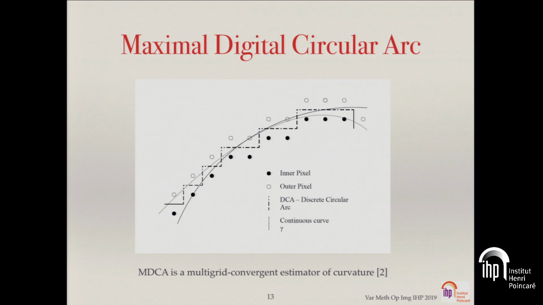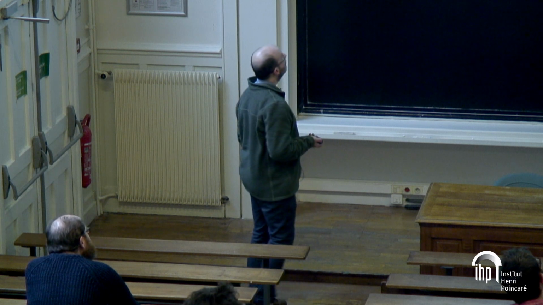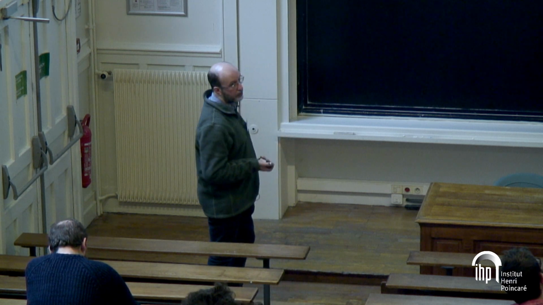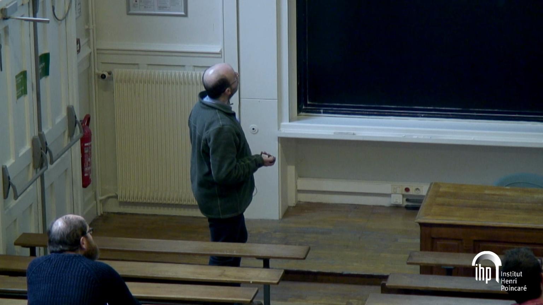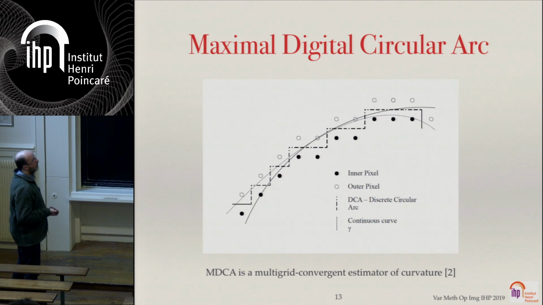And there are several estimators that have been proposed, in fact. One of them is a reasonable one called Maximal digital circular arc. It consists of essentially fitting discrete circular arcs to the boundary. And this sounds like a reasonable idea because the radius of the digital circle will provide the inverse of the curvature, obviously.